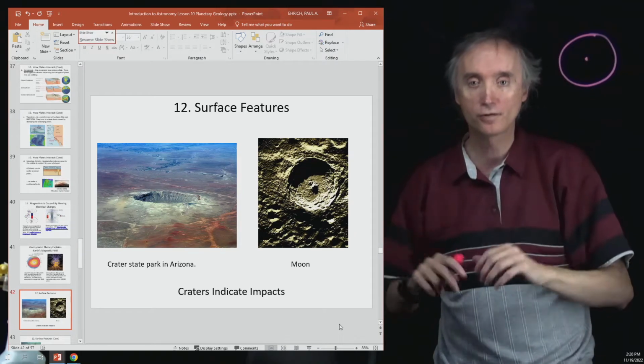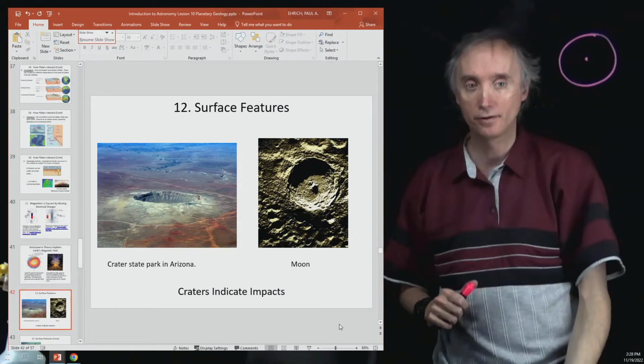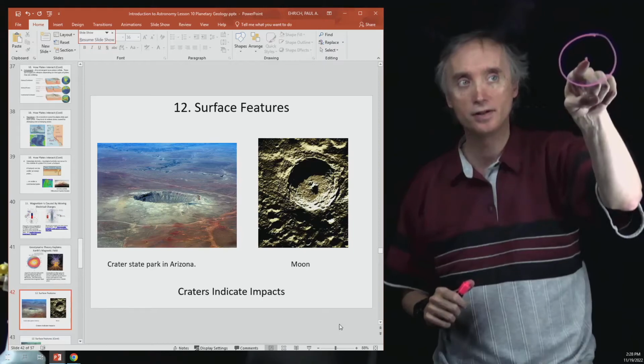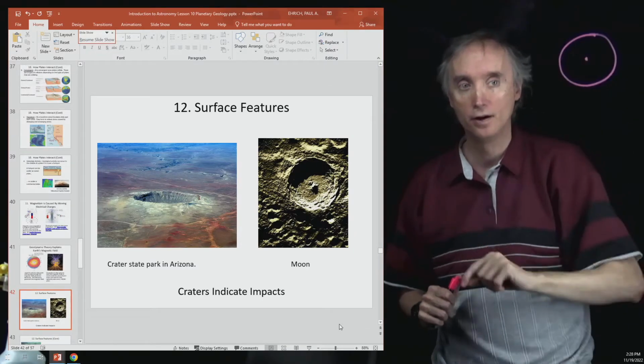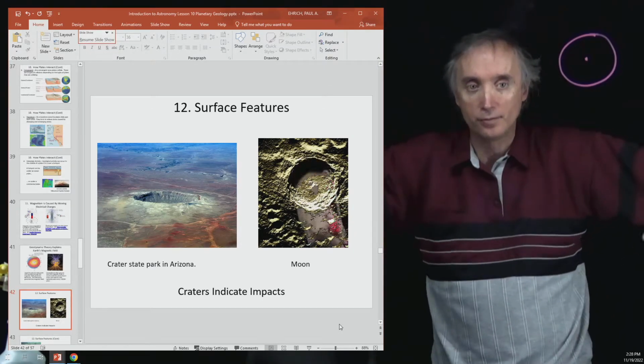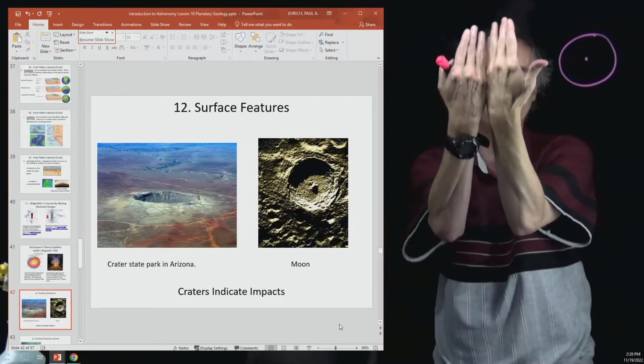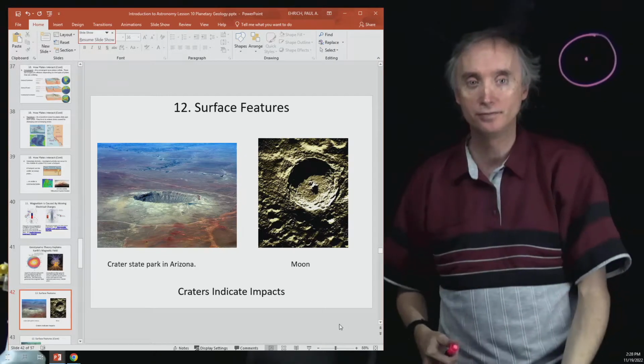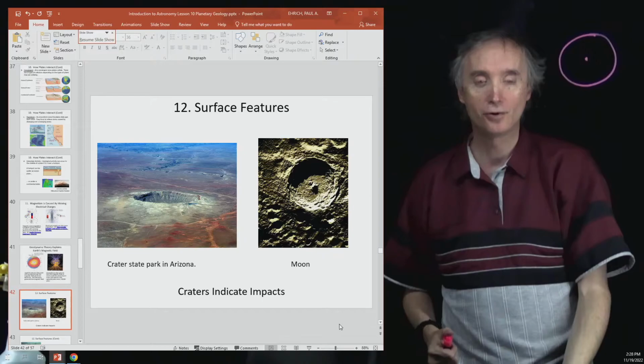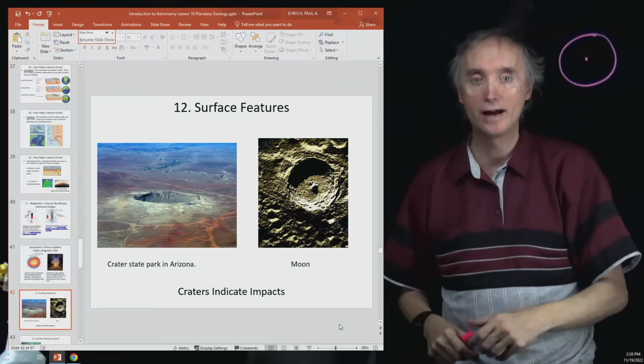So look for something like that on the internet. What this represents is that little dot was material that was starting to come back up, but it got frozen in place before it had a chance to come out of the crater.